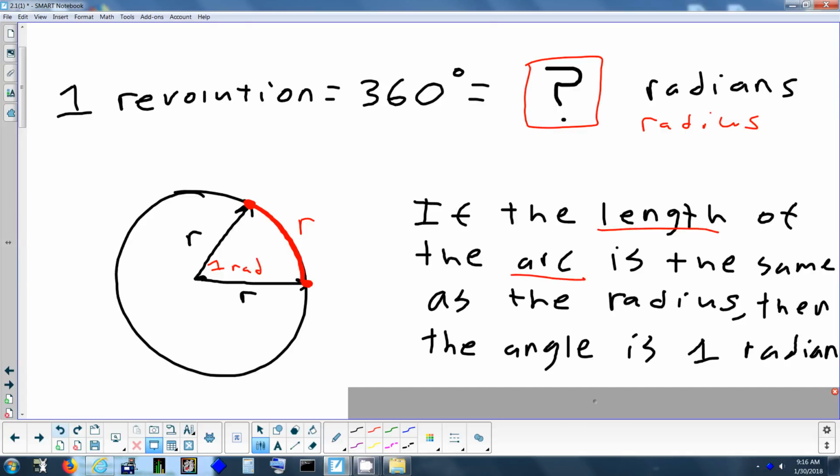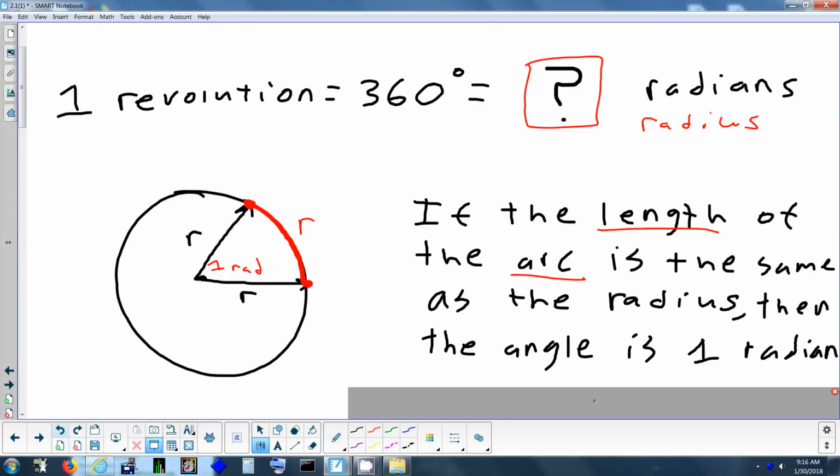So when I say length of arc, you have to be right on that edge. So you can't just cut straight through? No, it's not a straight segment, it's an arc. So if the length of that arc in red matches the radius in black, that's an angle of 1 radian.